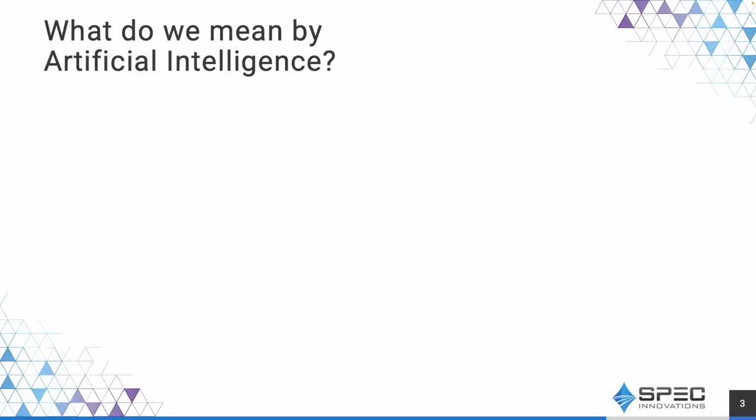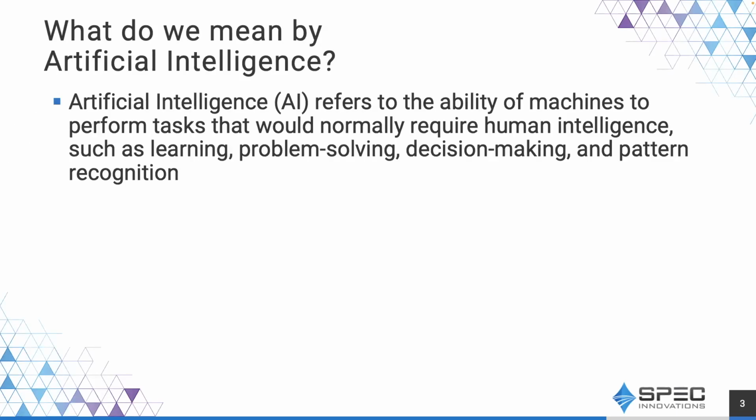What do we mean by artificial intelligence? AI is basically the ability of machines to perform tasks that normally humans would do. And there are a lot of areas they can do it in. There's learning capability, problem solving, decision making, pattern recognition, things like that. So many different forms.